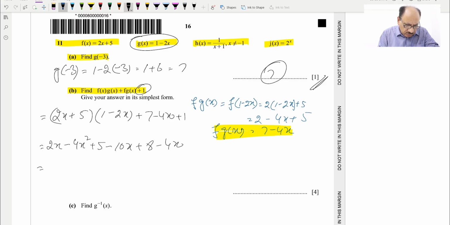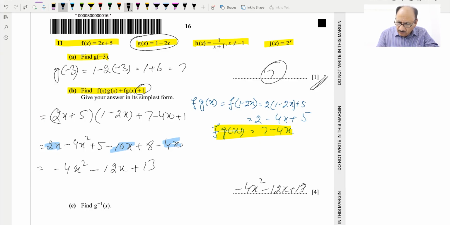Now adding the like terms, minus 4x square, and 2x minus 10x and minus 4x we will combine together to find minus 12x, and plus 8 plus 5 will be 13. So minus 4x square minus 12x plus 13 will be our final answer. This will be our final answer for 4 marks.